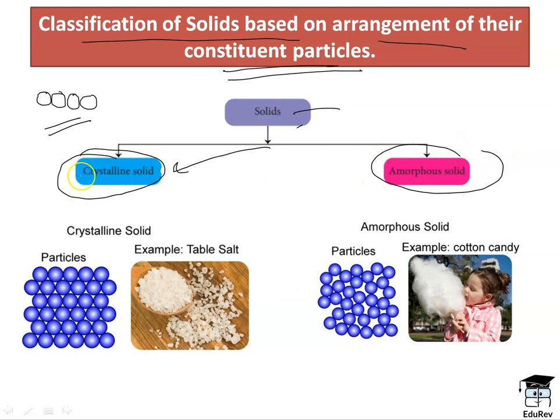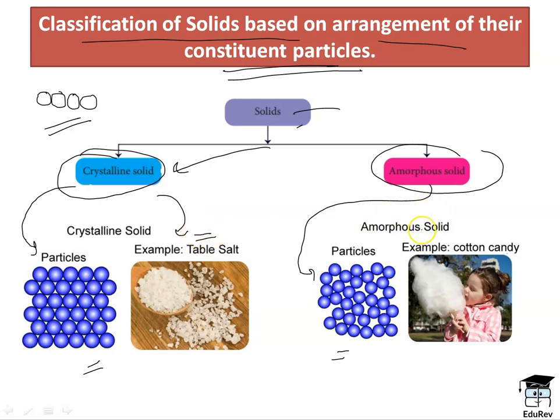The arrangement of particles in crystalline solids looks something like that, and the arrangement of particles in amorphous solids looks like this. We will be studying in detail the arrangement of particles in both these solids. The example of a crystalline solid is table salt.